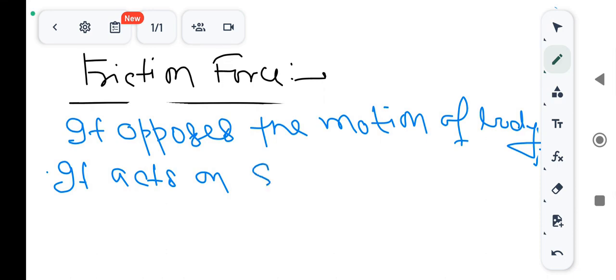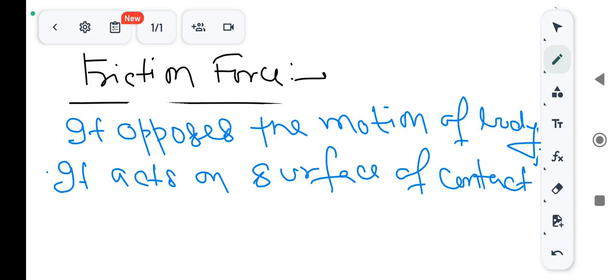It acts on the surface of contact between the body and the surface.